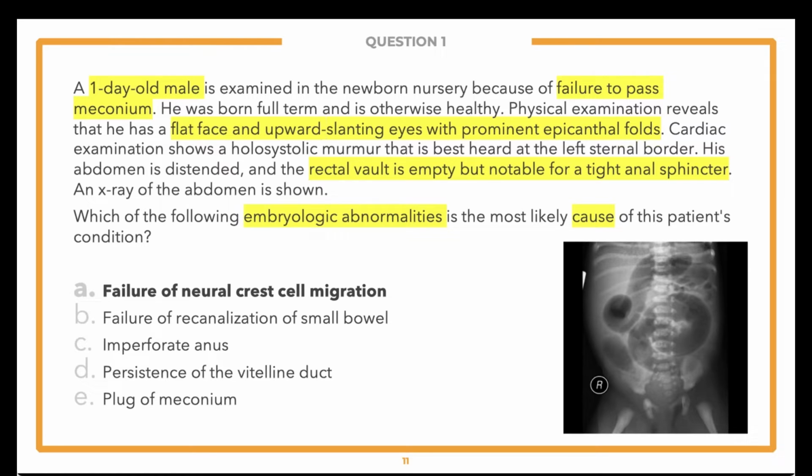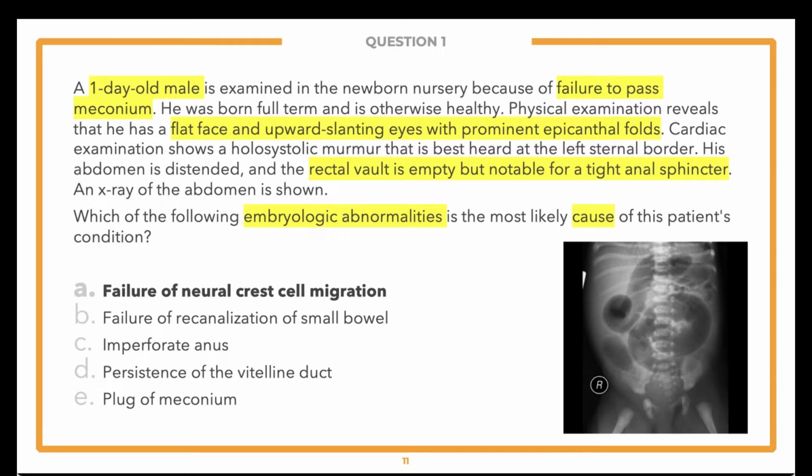Well, what is Hirschsprung's disease? The idea is that the nerves that actually cause the peristalsis and allow the intestines to move are not being made. The cells, such as the neural crest cells, are not able to migrate to the intestines in order to form those nerves, in order to allow peristalsis to occur.